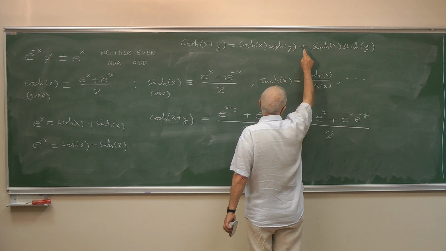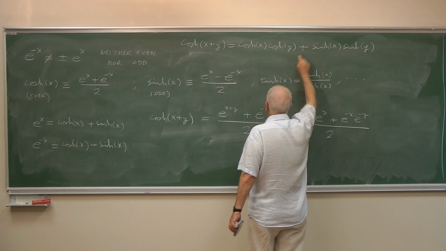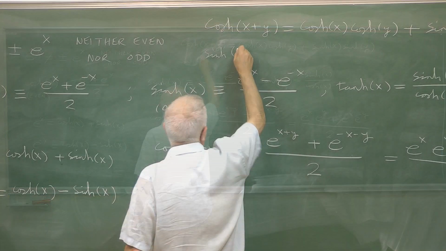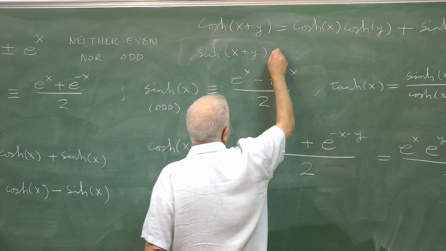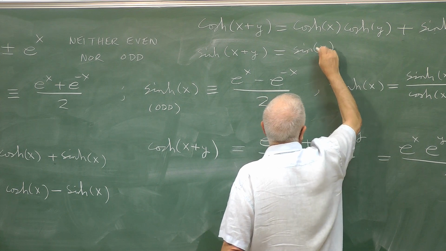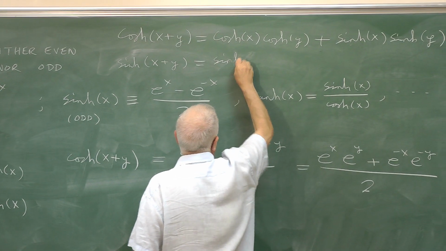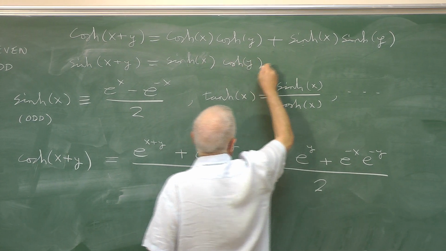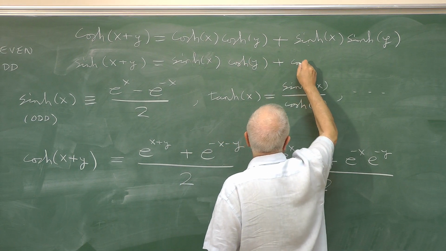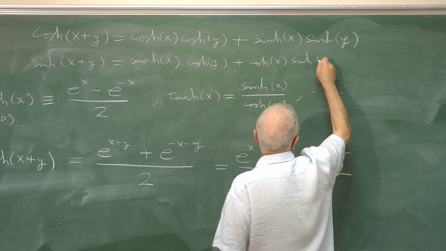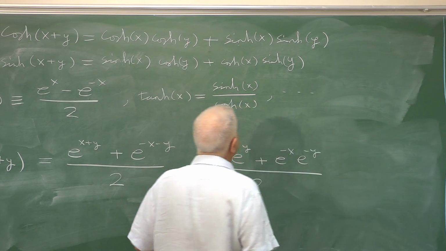With trigonometric functions, this would be a minus sign. Now it's plus. Sinh of x plus y, on the other hand, is sinh x cosh y plus cosh x sinh y.